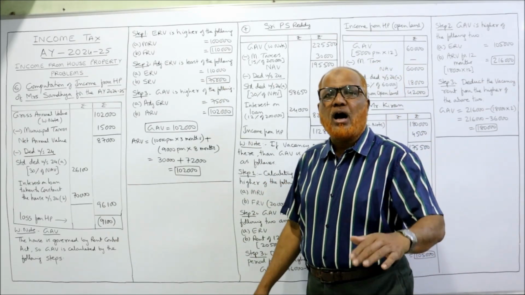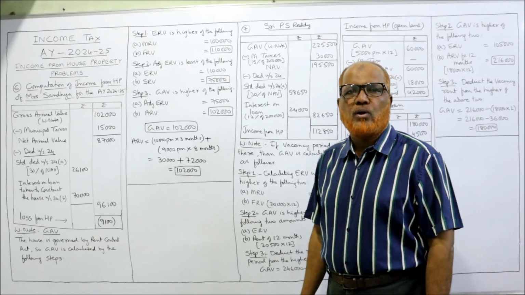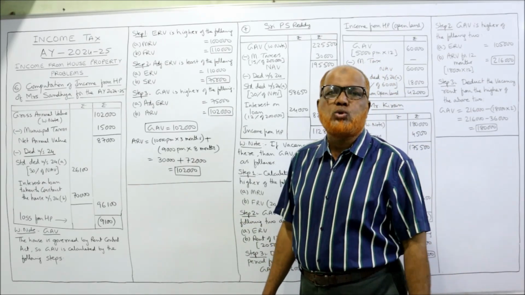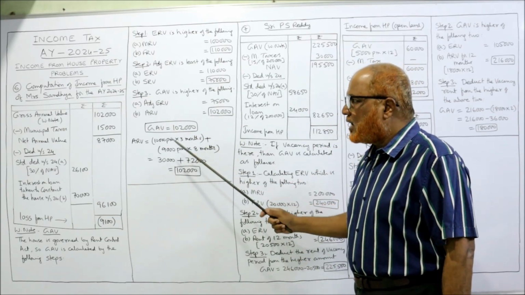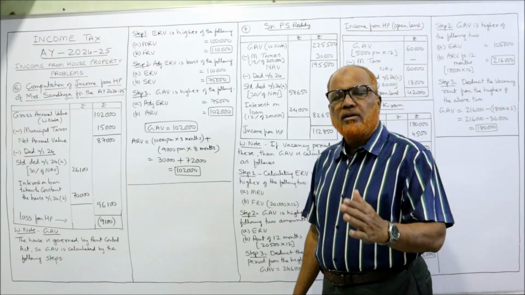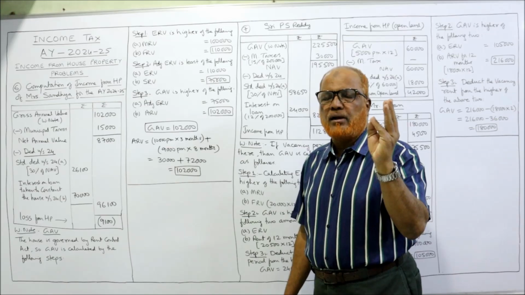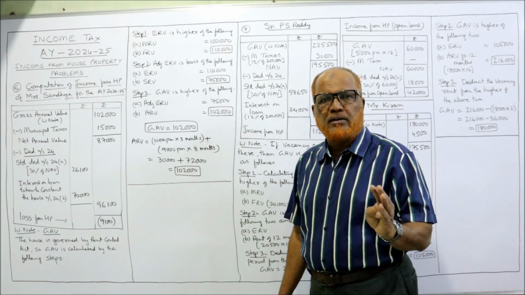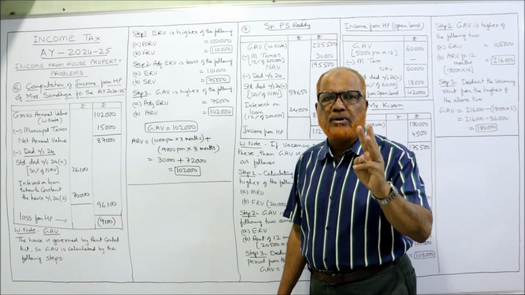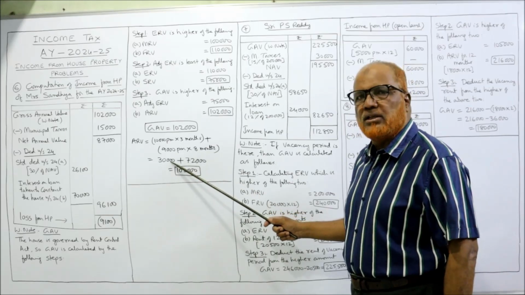Now GAV is the higher of the following 2 amounts: adjusted ERV or ARV, actual rental value. So adjusted ERV is 75,000. Now we have to calculate ARV. The first tenant stayed only for 3 months, April, May, June. In July she did not pay the rent and vacated the house. So 3 months at 10,000 per month, 10,000 into 3, 30,000.